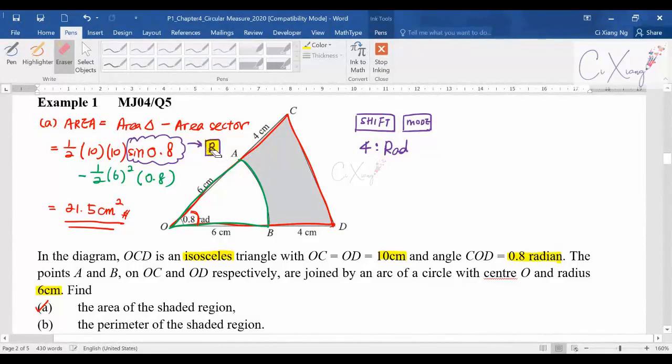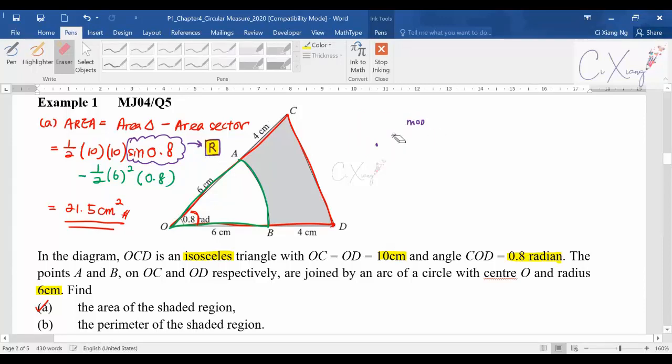Can also, but I can tell you that maybe in a later chapter, you will find it very troublesome. So I would strongly suggest that you try to use the radian mode and figure out how to use it correctly. As long as you see any trigo function with the radian unit in the angle, then generally you need to use the radian mode for your calculator.